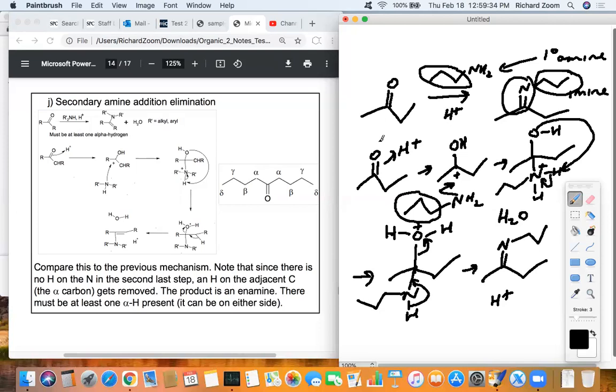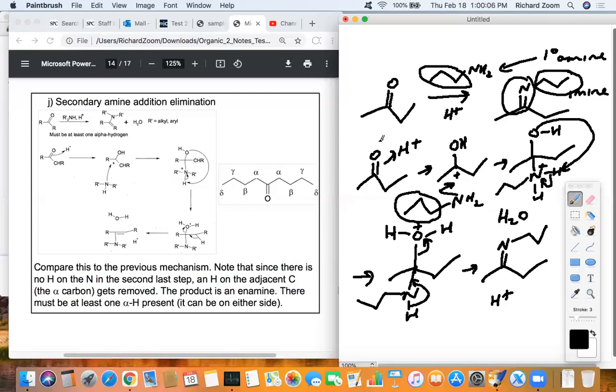The C next to the C double bond O we call the alpha carbon. The one next to that we call the beta carbon, then the gamma carbon, then the delta carbon. This defines the distance of a carbon or a hydrogen attached to that carbon from the C double bond O. We usually just deal with alpha and beta, but mostly alpha, and beta to a smaller degree.